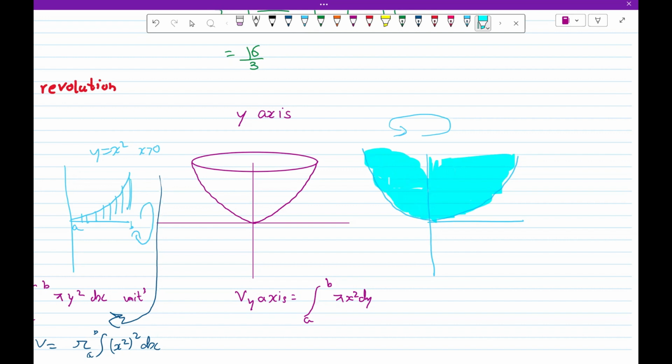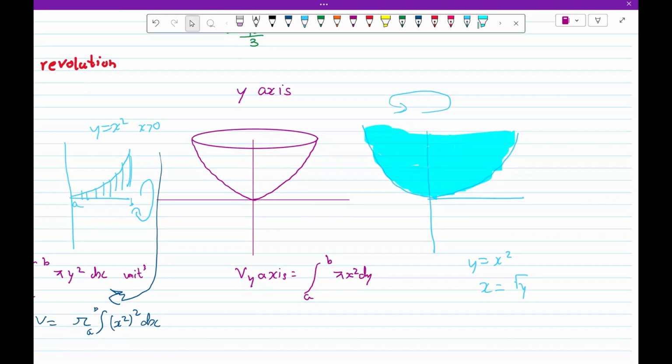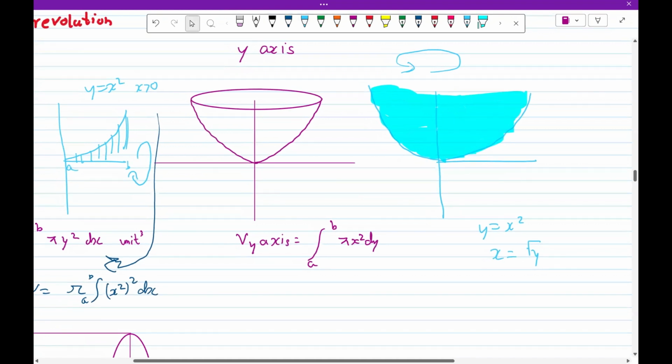So the formula for this is the same formula, but we change y with x. So we say it's pi x square. What is x square? We know that the equation is y is equal to x square, but we need to make x the subject. So x is under root of y, positive since area cannot be negative.